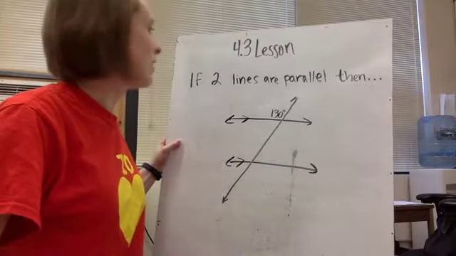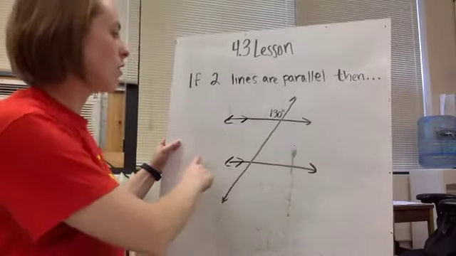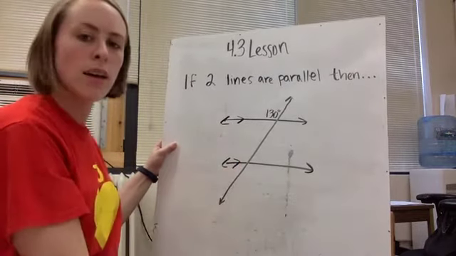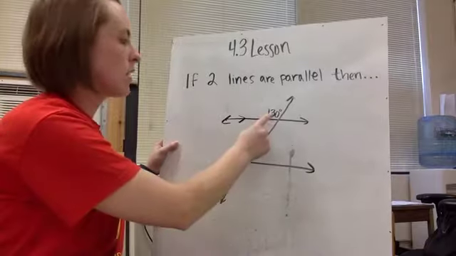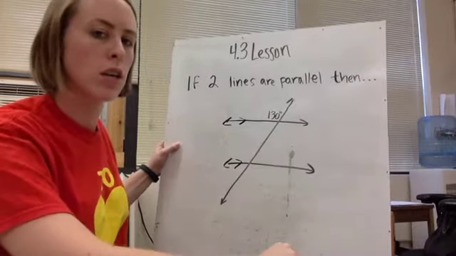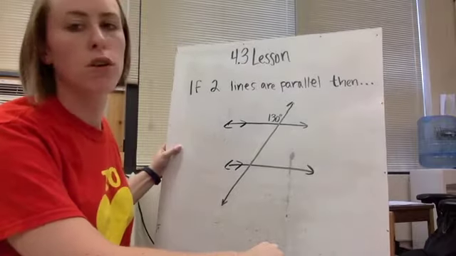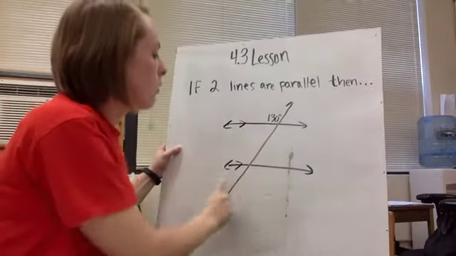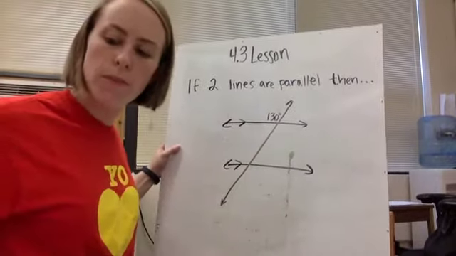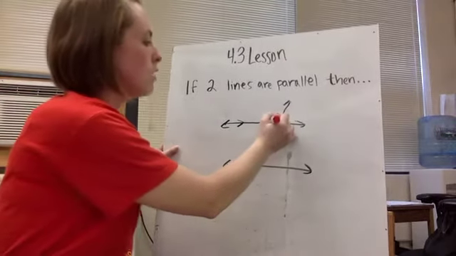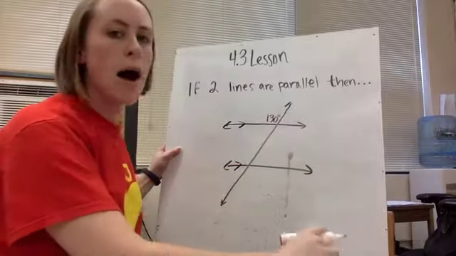So here's a quick example for you guys. Go ahead and draw this picture down. I have my two parallel lines, which I can see with my little parallel markings, and I know that this angle up here is 130 degrees. If I know this one's 130 degrees, from what we've learned earlier, I can figure out what all the other angles are. The first one that I immediately know is the one opposite it.